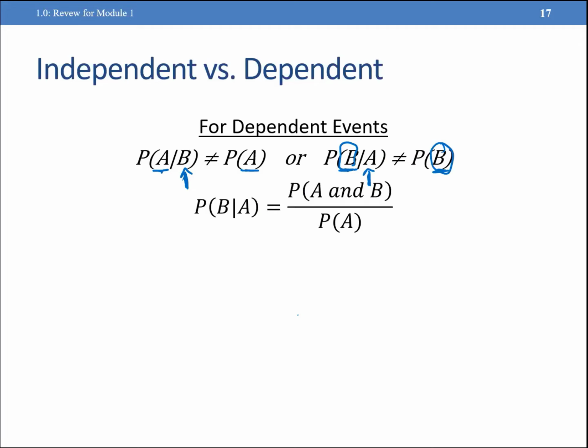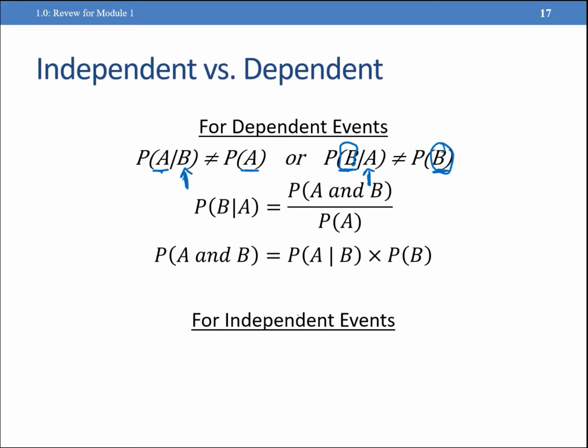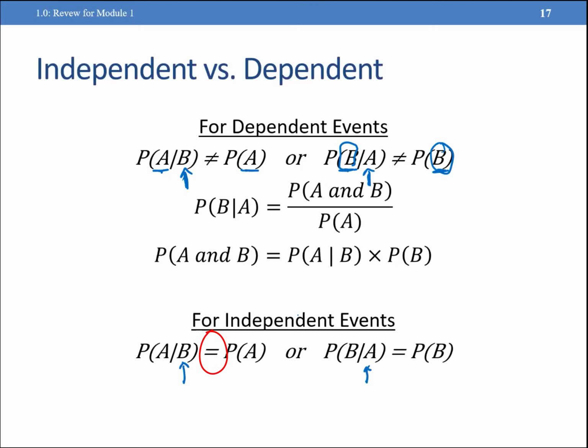Now we get our conditional probability with this formula, and it can be rearranged to give us the probability of A and B, the joint probability, like this. Now for independent events, those probabilities, when we have a condition, they don't change. The probability does not get affected. The likelihood doesn't change.